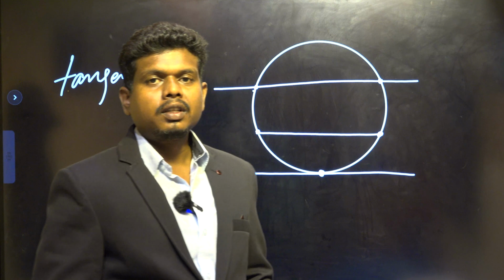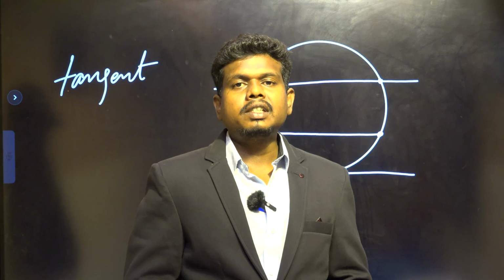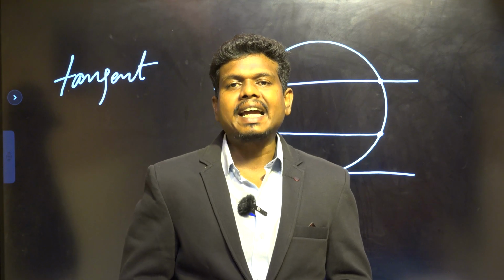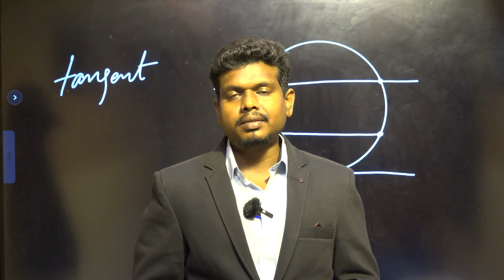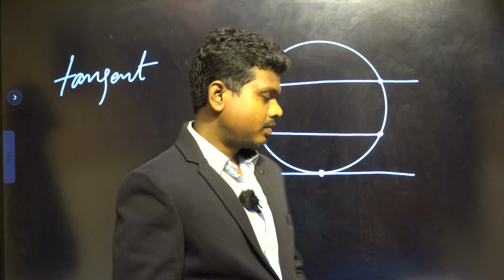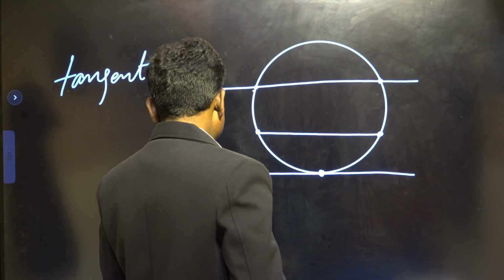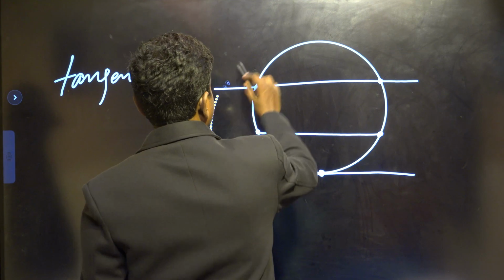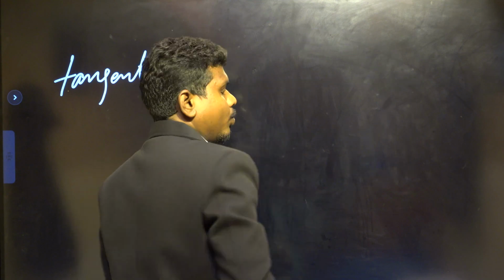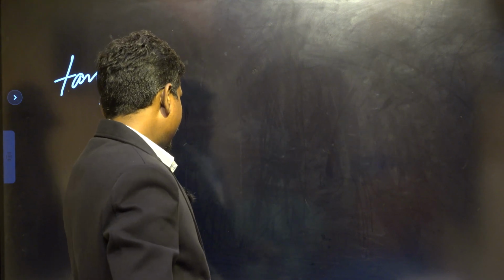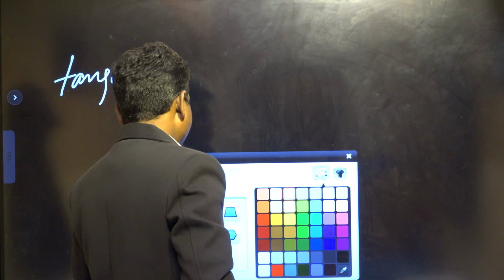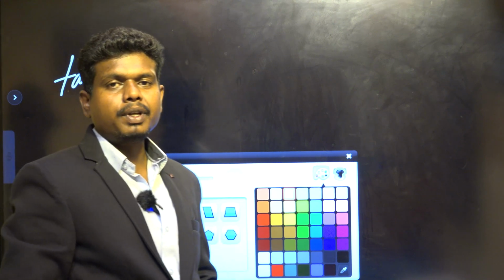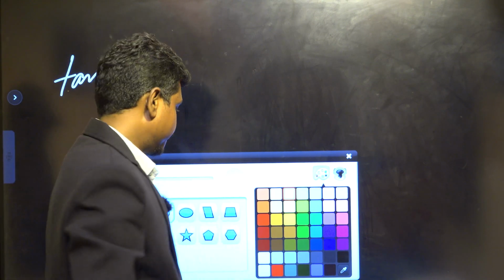And now there is a question for you. Just think and answer: how many tangents can be drawn on a circle? A tangent is a line which touches the circle at one point. Let's check.